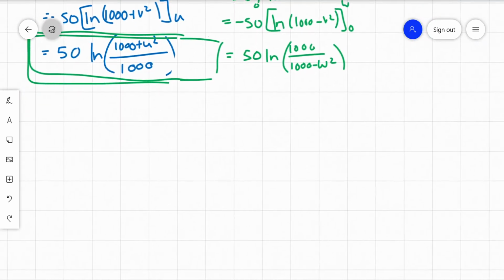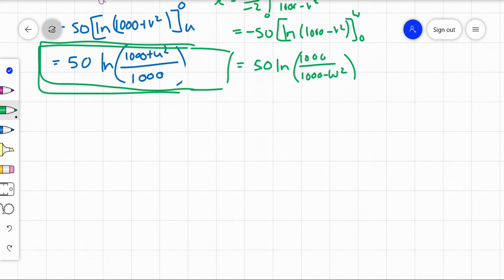All right, so let's have a look, and what we really want to do is just make the w the subject. So they both got 50, nice, they both got log, so we'll ignore that as well. Let's start with this 1,000 plus u squared will equal, all I'm doing is timesing the 1,000 across.